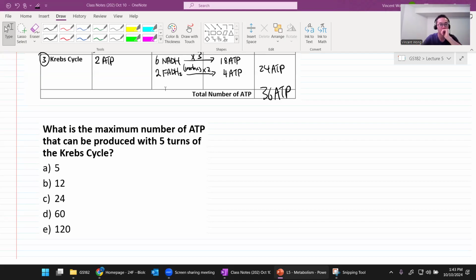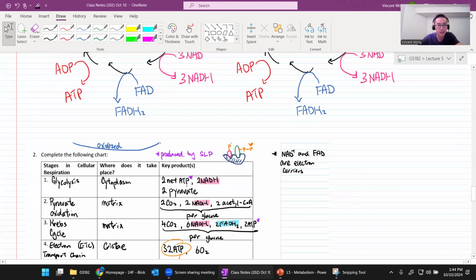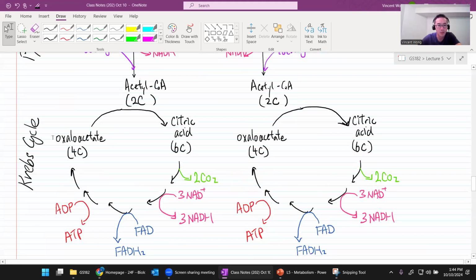Okay, let's take a closer look at this. All right, so this is 5 turns of the Krebs cycle. Let's look at 1 turn of the Krebs cycle. What is being produced in 1 turn? 1 turn is 1 cycle, right? So it is 3 NADH, 1 FADH2, and 1 ATP.